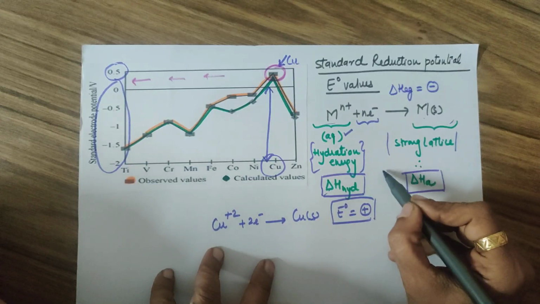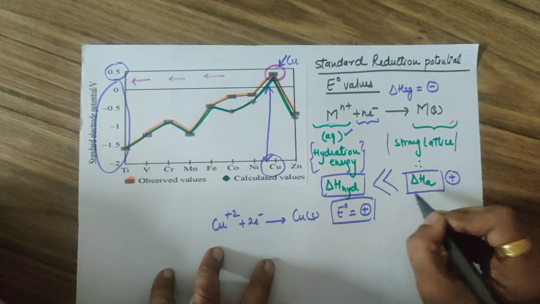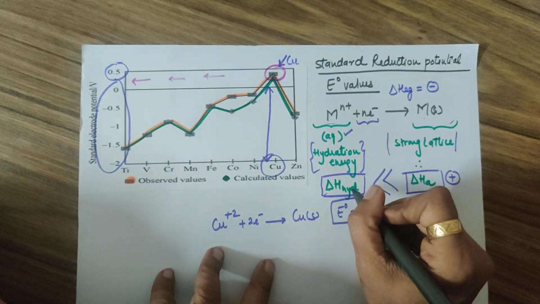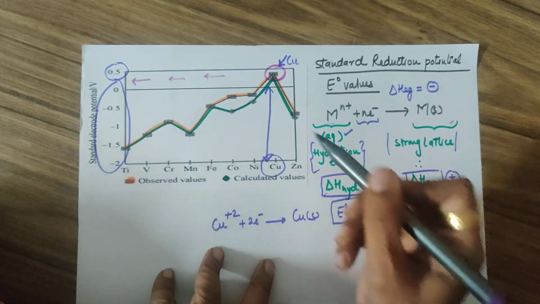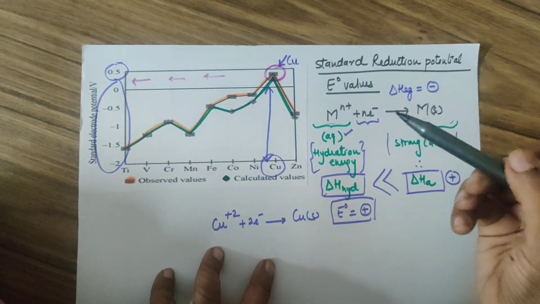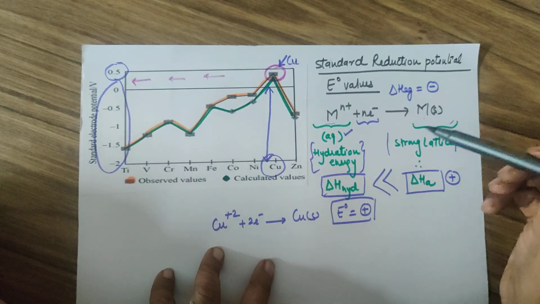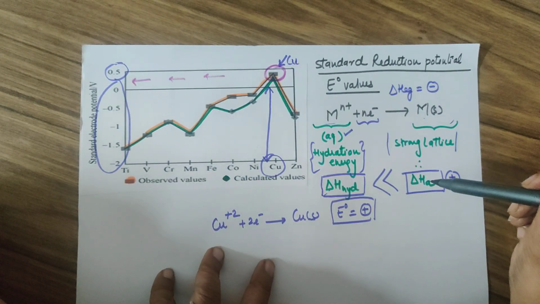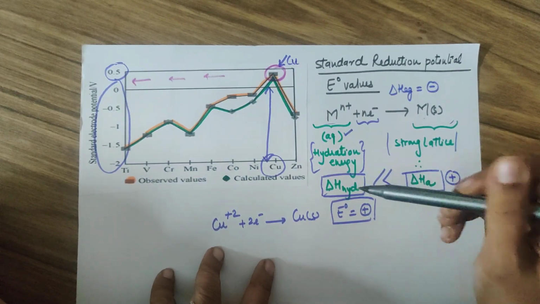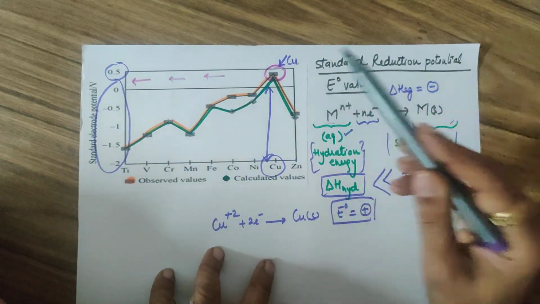And perhaps the enthalpy of atomization, which is a positive value, being much larger than the hydration enthalpy is the reason why copper shows a positive standard reduction potential. So your keyword for the answer should be: enthalpy of atomization is much higher than the hydration enthalpy, so that the net value of E naught comes out to be positive.